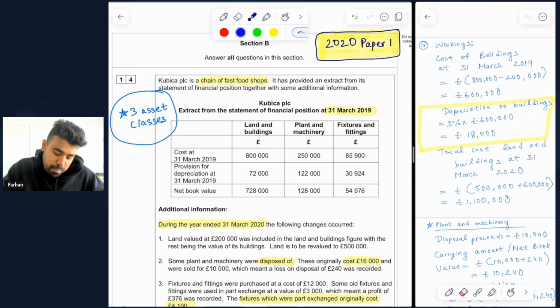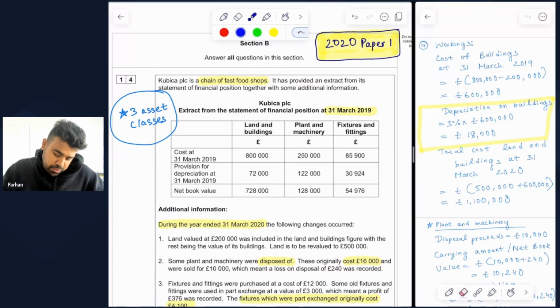The fixtures which were part exchanged originally cost £4,100. And the relevant depreciation rate for fixtures and fittings under the accounting policies section is to apply the straight line at 20% per annum. And also we know that all non-current assets are charged a full year's depreciation and none in the year of disposal.